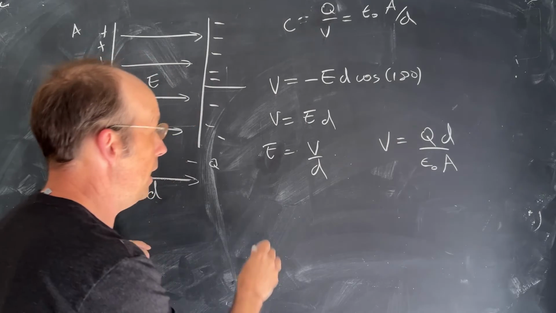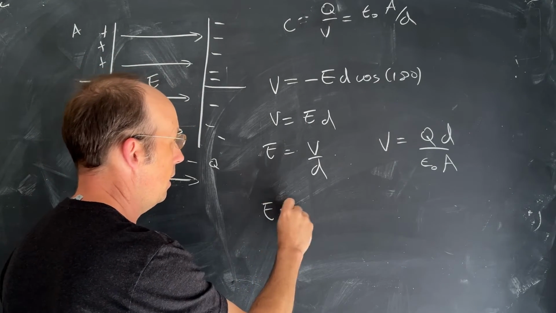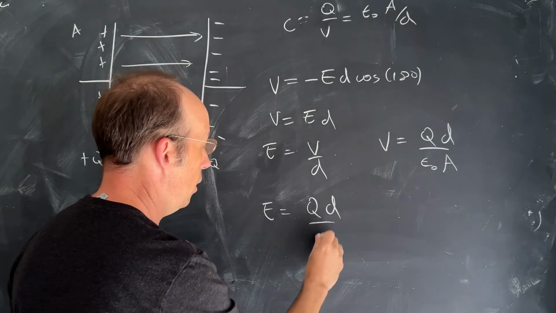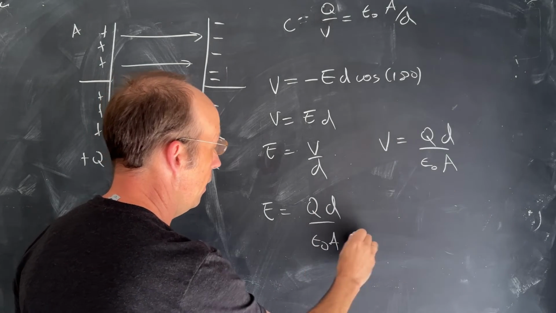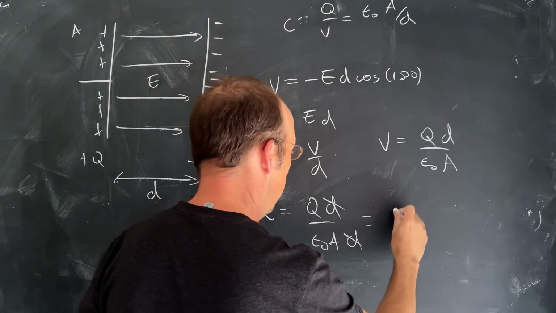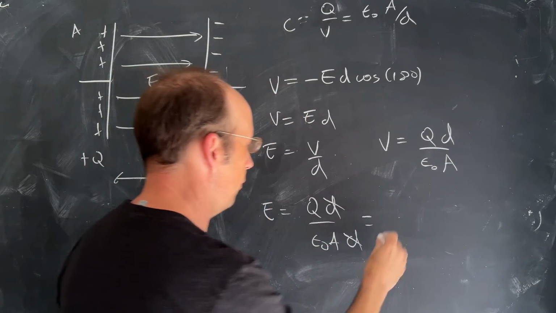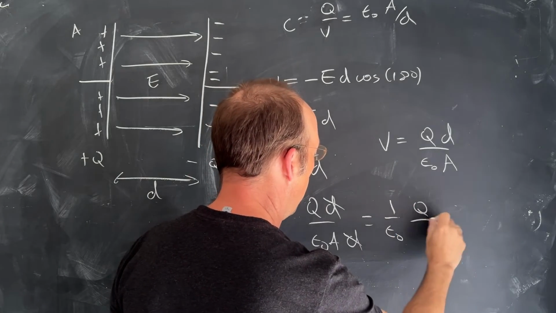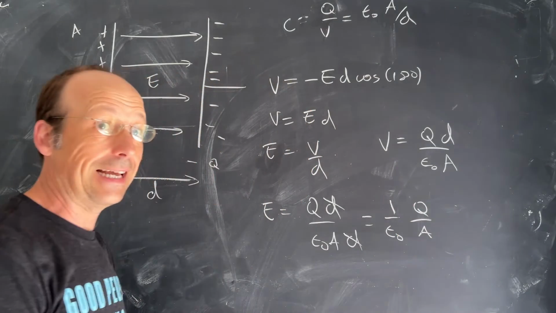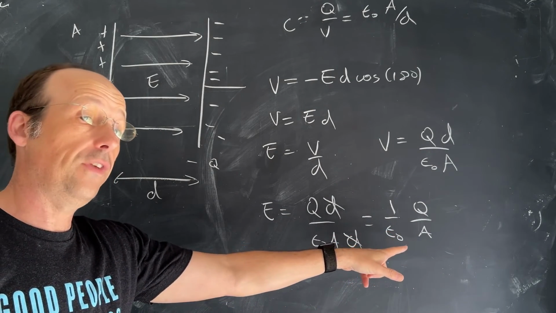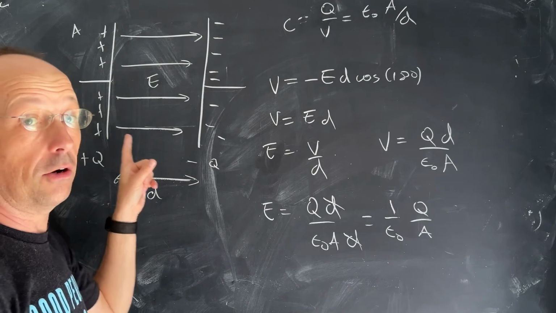If I put that in for V, I get E equals V over D, which is Q D over epsilon naught A divided by D. The D's cancel, and a lot of times we write this as 1 over epsilon naught times Q over A. And that's the electric field, and it's going to be really useful, the electric field inside of a parallel plate capacitor.